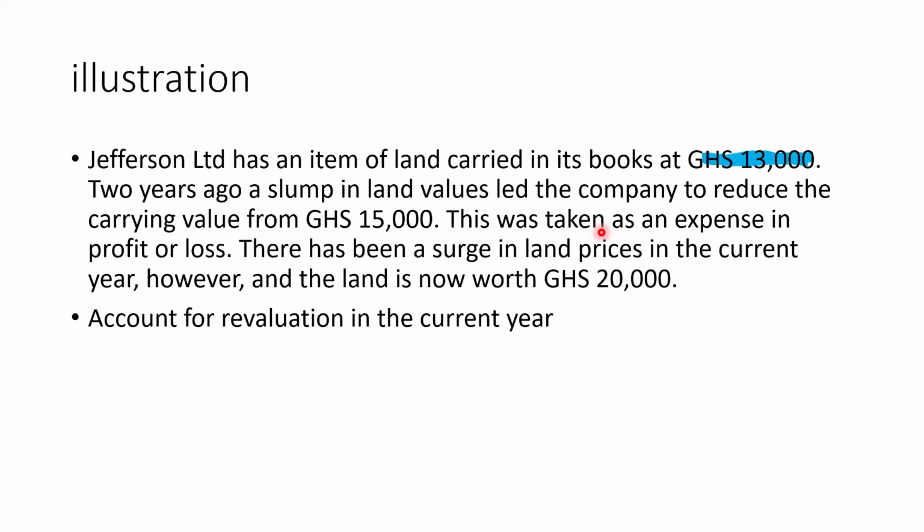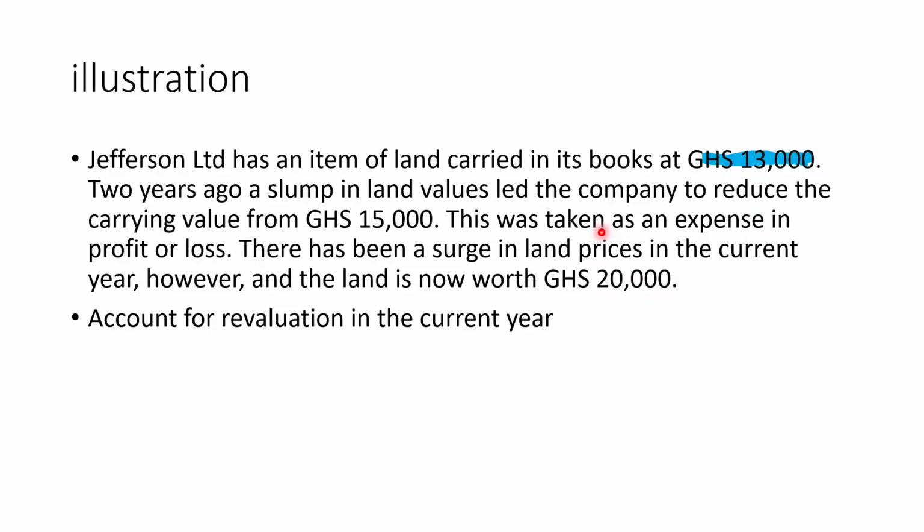Now the revaluation surplus is 7,000. How do we treat this revaluation surplus? I told you that you take revaluation surplus to other comprehensive income, unless there is a reversal that you have to do. The reversal comes in when previously we revalued the same asset and got a loss.